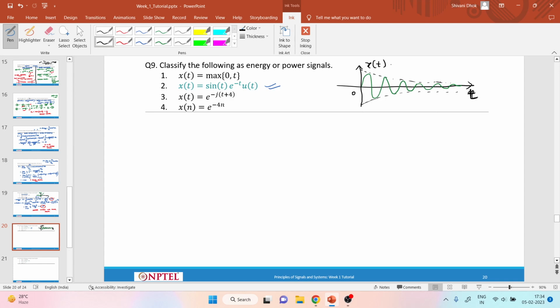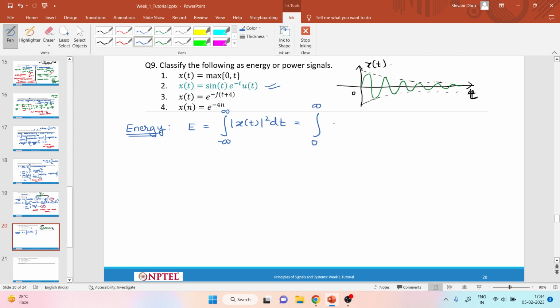We need to classify whether it's an energy signal or a power signal. So let us first look at its energy. Energy E is equal to the integral from minus infinity to infinity of mod x of t square dt. Your x of t is from 0 to infinity, so let us just focus on positive t.